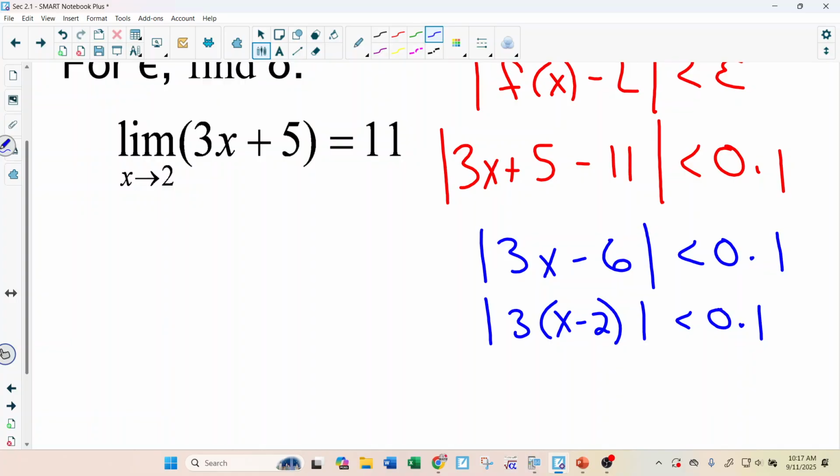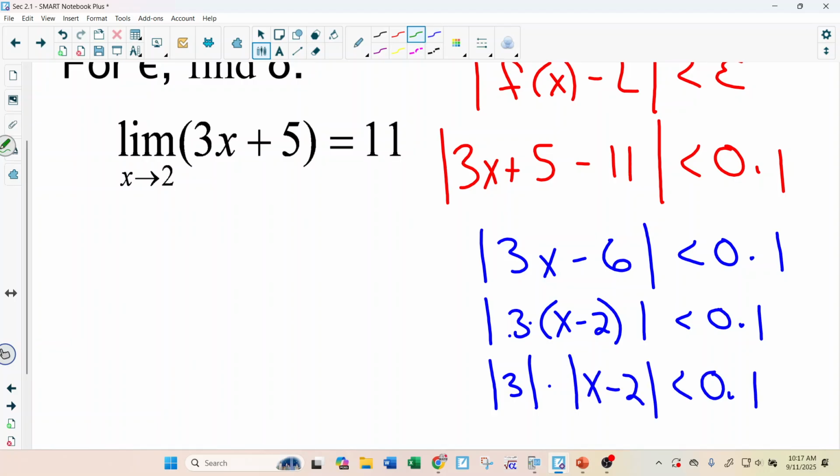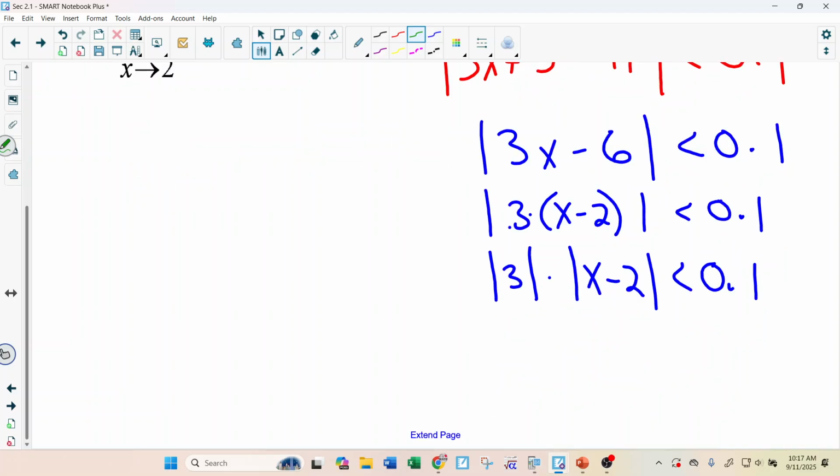Once we have that 3, one of the properties of absolute value is that this is equal to the absolute value of 3 times the absolute value of x minus 2. If two things multiplied together are in absolute value, they have to be positive, right? So if I take the absolute value of each part, they both have to be positive, so when you multiply them, it still works. The absolute value of 3 is just 3. So what we end up with is 3 times the absolute value of x minus 2 is less than 0.1.